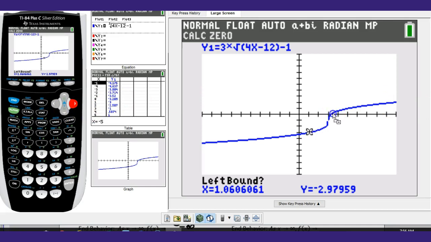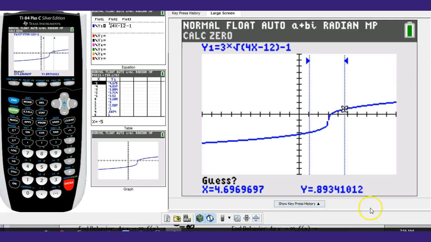Somewhere right there, there's a 0. So what we're going to do is left bound. I want to move my cursor to the left side of that point. So I'm on the left side. And then right bound, I want to move my cursor until I am on the right side of this point right there, 0.